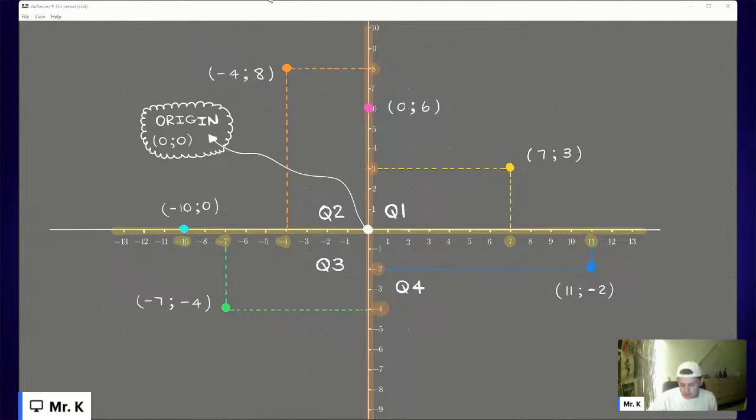Now, when it comes to the bright blue dot over here and the bright pink dot towards the top of the screen, it's important to remember that these don't fall into one specific quadrant. Instead, we just say that they are sitting on the axes.